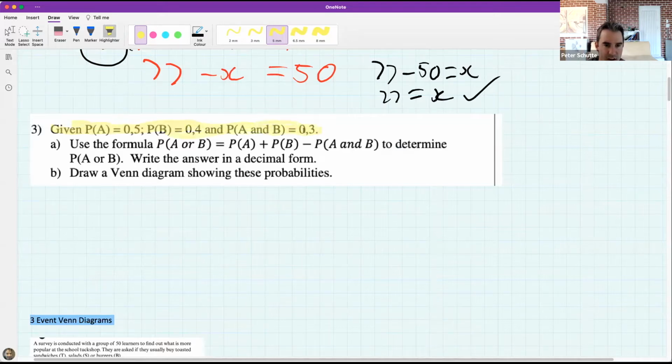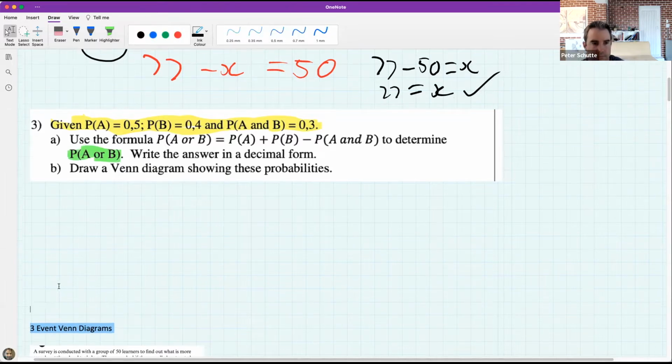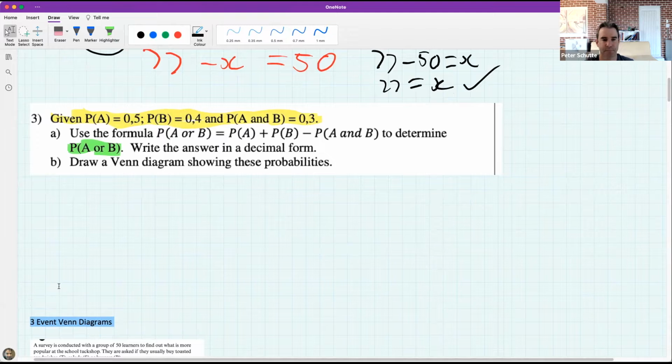I'll draw the Venn diagram for you afterwards, but I want you to work out what is the probability of A or B, and you're given a particular formula. You're given an identity, sorry, the OR identity or the additive identity.